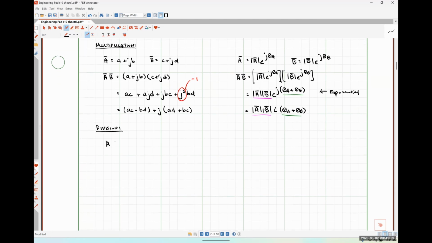So if I have that same complex number A is a plus jb in rectangular form, and that same complex number B is equal to c plus jd in rectangular form, then A divided by B would be a plus jb divided by c plus jd. Now, technically, there's nothing wrong with this.